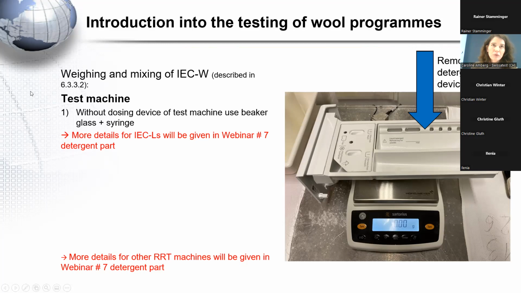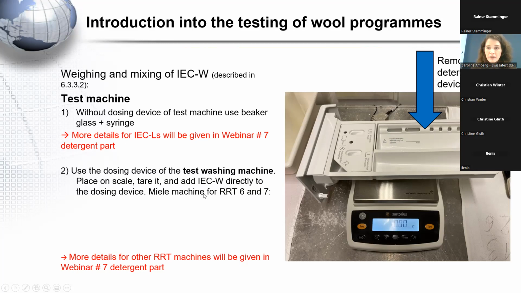For the ones participating in the wool round-robin tests, it's relatively easy because the test machine from Miele has a dosage device which can be applied to this detergent drawer. So it's relatively easy to dose and apply the detergent. As you can see here, you just have to attach this inner part of the main wash compartment.